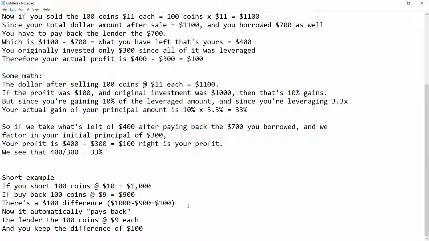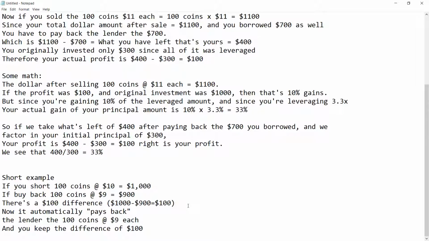And I'll show you examples of how we do it. Now, if you shorted it at $10 each, that's $1,000, right? And you're betting against the market to go down because that's what you believe. Now, what shorting means is you want to buy back these coins at a cheaper price, and you will pay back that lender the same amount of coins that you borrowed, and then you keep the difference, okay?